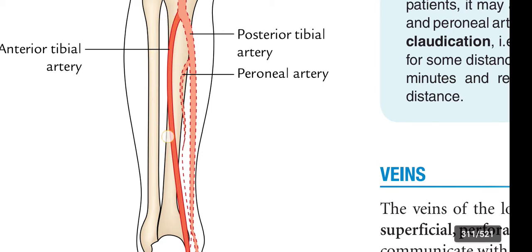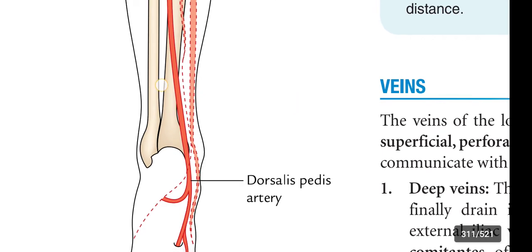It is present in the anterior compartment of the leg, and it supplies the muscles here, and it enters the dorsum of the foot as the dorsalis pedis artery. We call it the dorsalis pedis artery, okay.